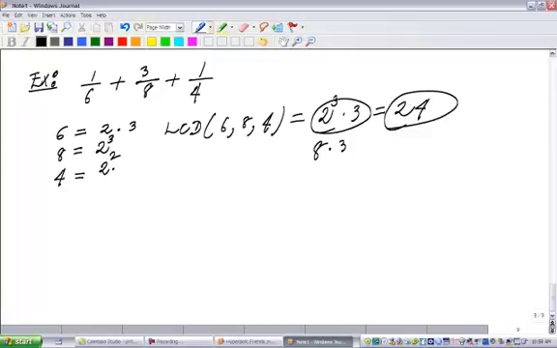Okay, why would I write 2 multiplied by 4? It's not 2 multiplied by 4. It's 8 times 3. I'm not sure why you are saying this is 2 times 4. You understand that the LCD is, first of all, 2 cubed times 3.